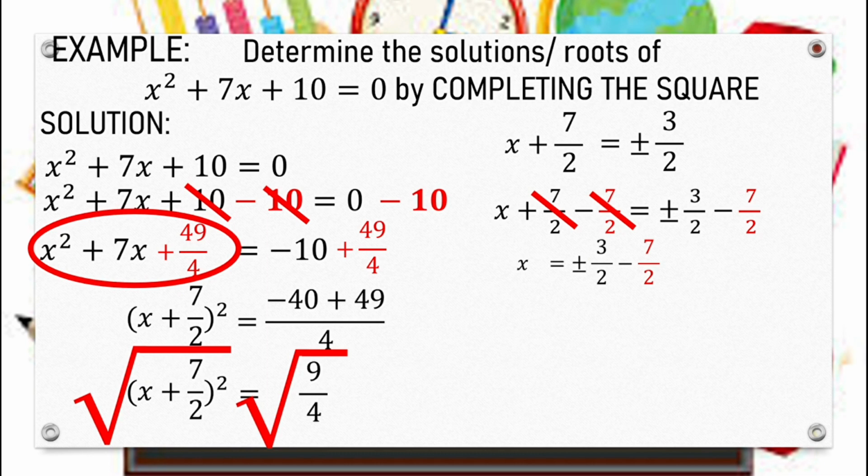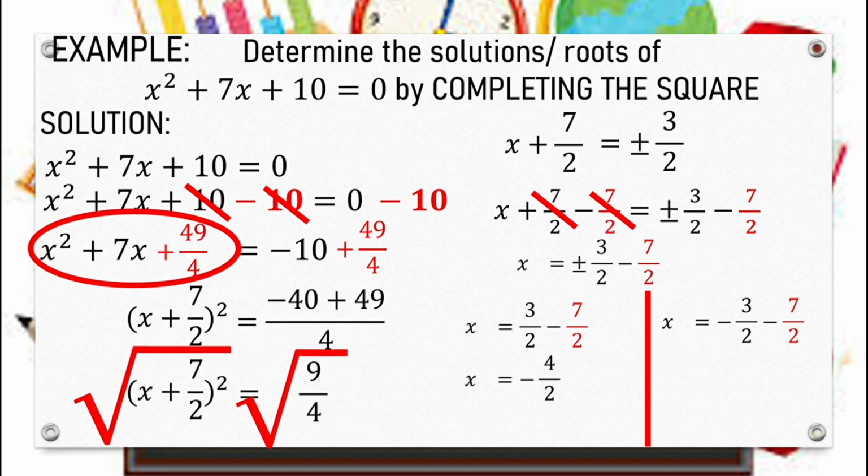After this, we need to separate positive and negative 3/2 into two possible linear equations. This leads us to x is equal to 3/2 minus 7/2 and x is equal to negative 3/2 minus 7/2. Let's simplify our first linear equation. X is equal to 3/2 minus 7/2 is equal to negative 4/2, and it can be simplified as negative 2.